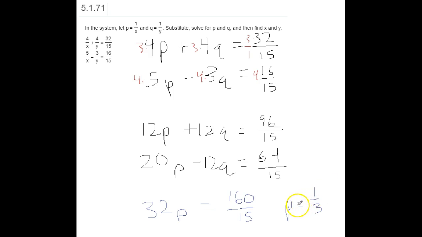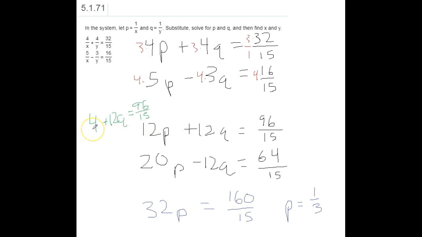From here, you can plug that value back into either one of these equations. I'll just plug it into the first one because 1/3 of 12 is a nice whole number. It's 4. So if you plug 1/3 in there, you're going to get 4 plus 12q equals 96 over 15. So just plugging in the 1/3 here for our p value.